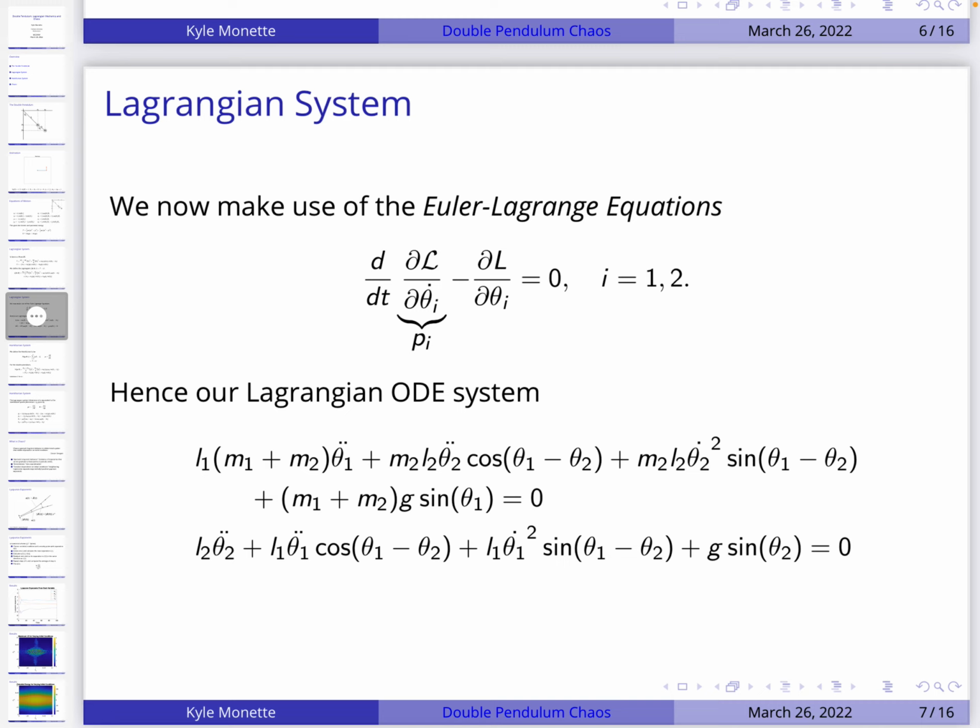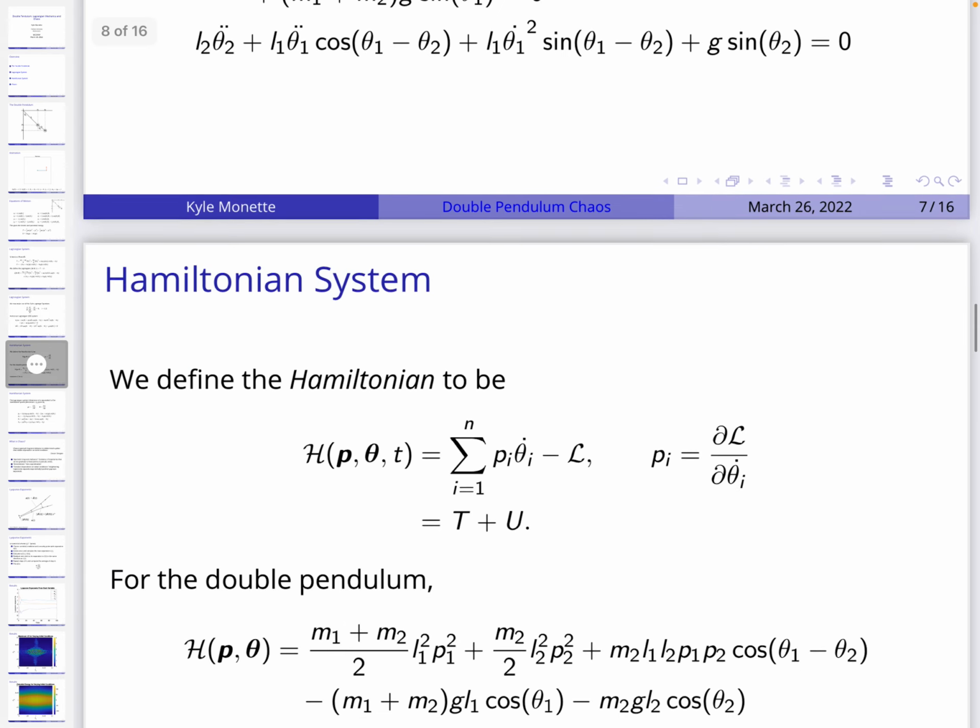We could do linear analysis, we could do small angle approximations, but I'm going to keep going and go into chaos. And in order to do that, we need a first order system, and we'll do that using the Hamiltonian system.